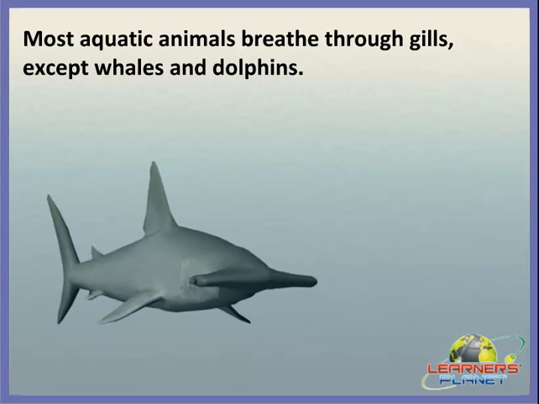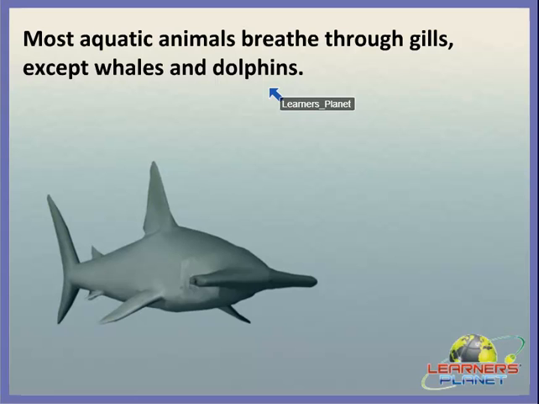Children, most aquatic animals breathe through gills, as we saw before, right? So most of the aquatic animals breathe through gills, except whales and dolphins. Why? Because whales and dolphins breathe through lungs.